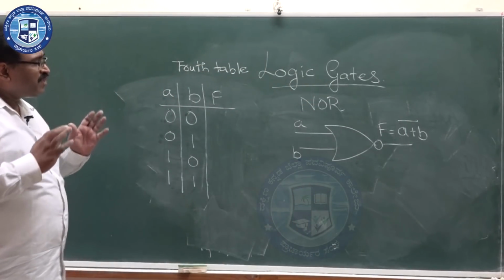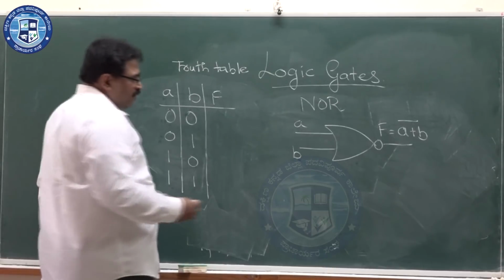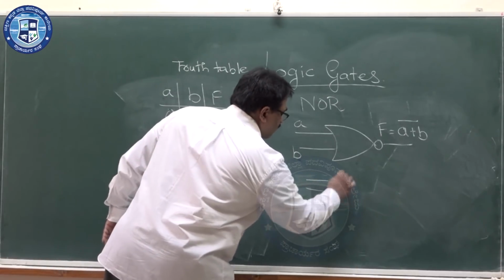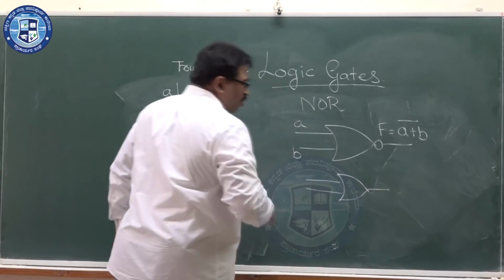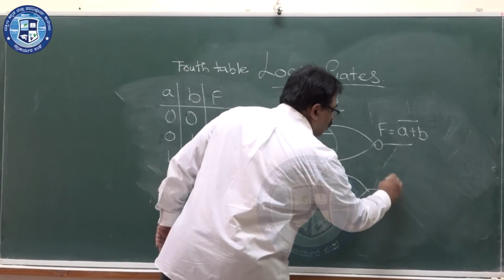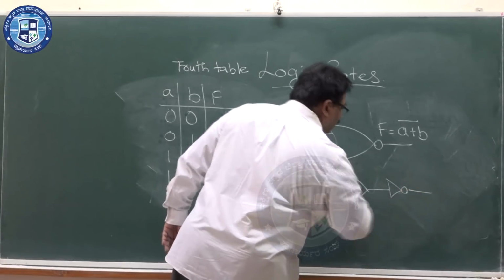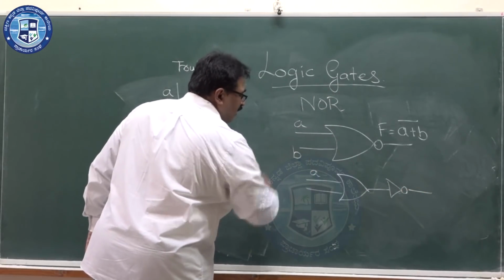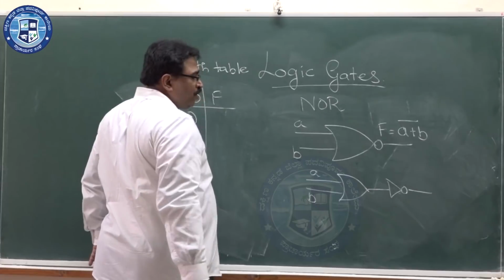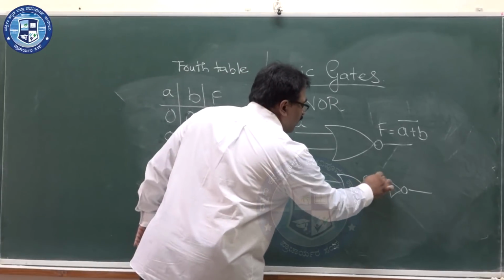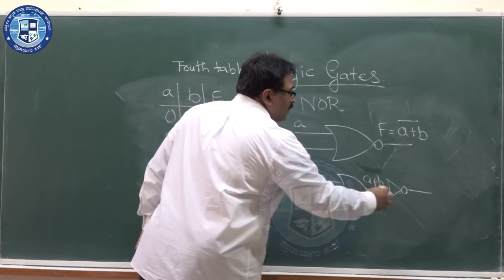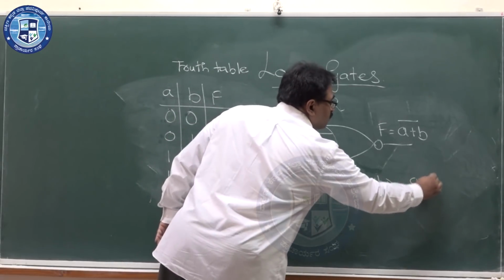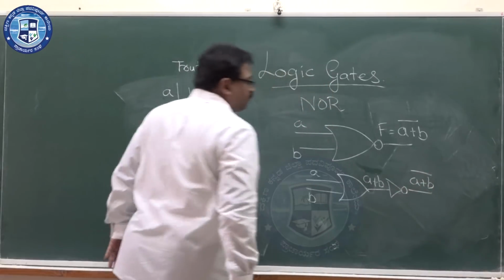Now if I simplify this further, in fact, I'm going to get an OR gate. The output of the OR gate is connected to an inverter. Now for example, A and B are the two inputs. So we have A plus B, and the output will be A plus B the whole bar.